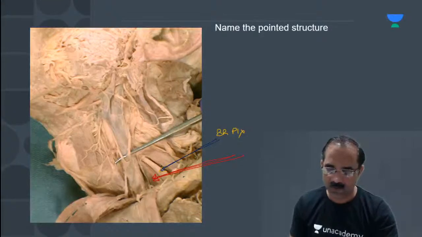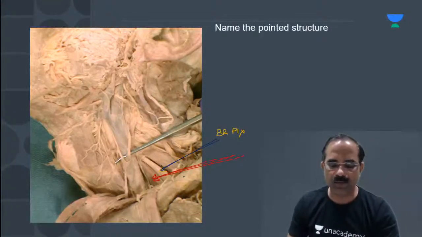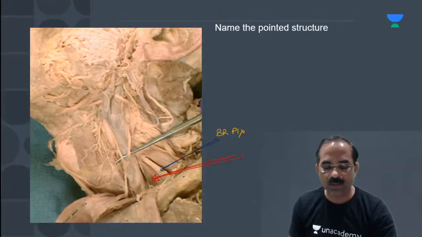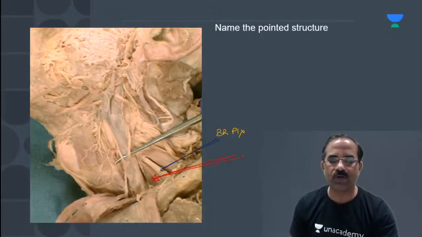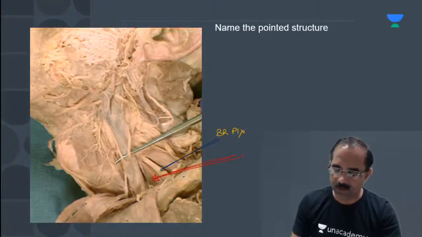Yeah, that's fine, that's the trunk of the brachial plexus, Ajit. What is the muscle in front? I pointed that muscle. Scalenus anterior. Very good, that's the scalenus anterior muscle.